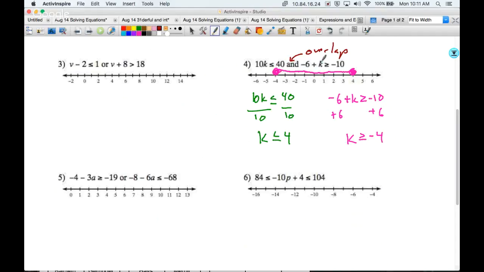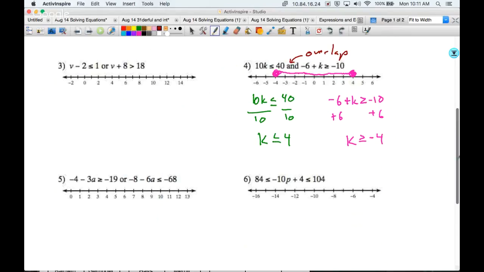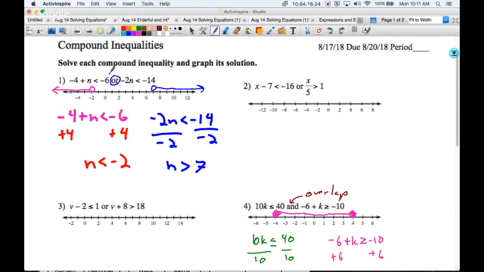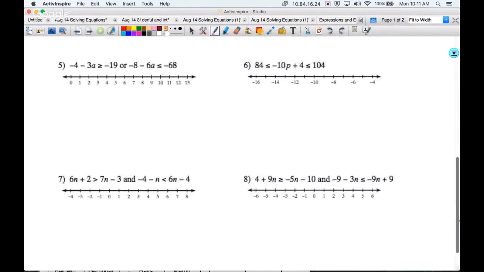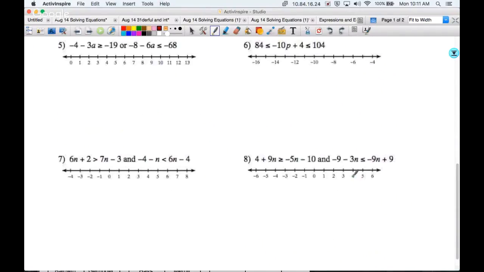Notice if two arrows don't overlap, for example, if this inequality had its arrow going off to the right, this one had it going off to the left, and there's no overlap, then our solution is no solution, because we only want the overlap with and problems. With or problems, we want everything, overlap and where there's only just one arrow. That's fine. Let's just do one more problem.